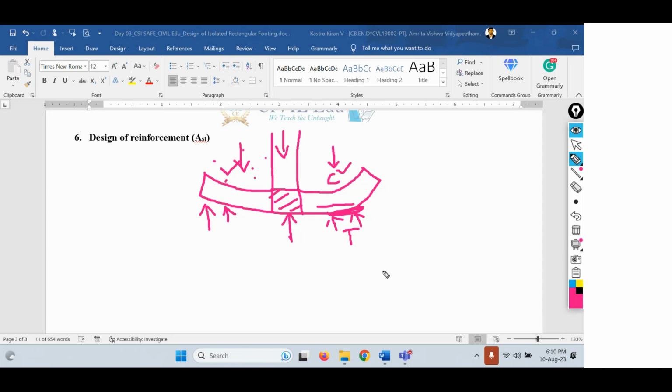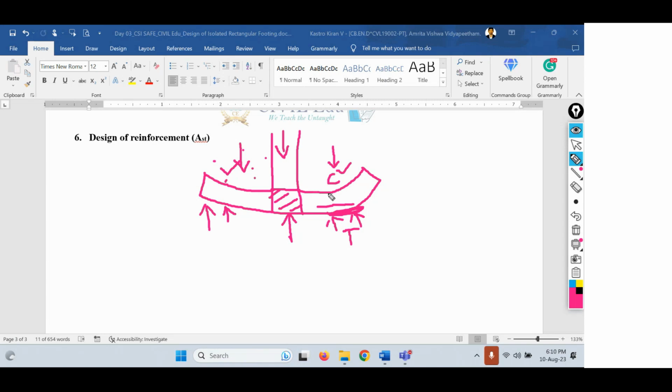Now here, if you ask me, don't we provide reinforcement in the compression zone? Yes, we do provide reinforcement in the compression zone, but it will be a minimum reinforcement, AST minimum. We have the formula for that, which is 0.12% of B into D. I'll tell you about that in some time.